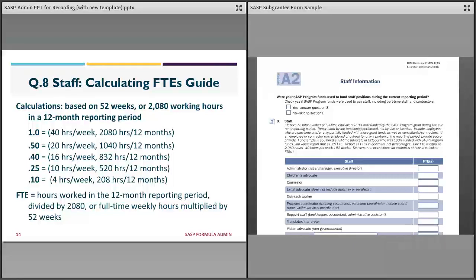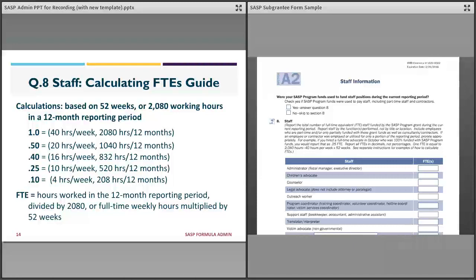We do have a calculating cheat sheet for how to calculate FTEs. This is based on the 52 weeks in the year, which equates to 2,080 working hours in a 12-month period for a full-time employee who works 40 hours a week.